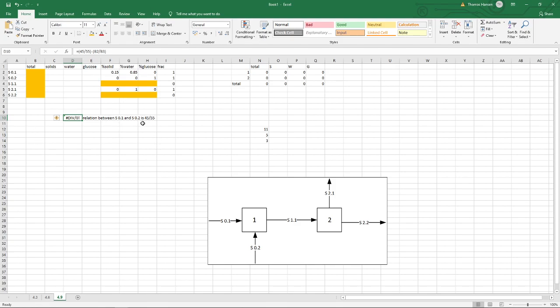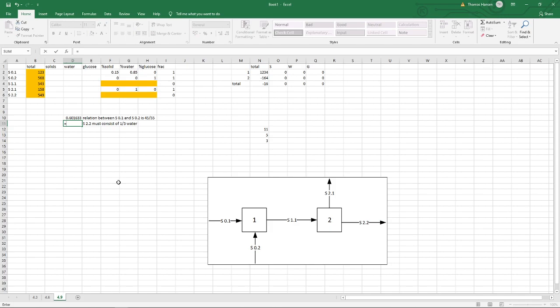If the relations are the same and I subtract them, it should give me 0 in total. So I'm just going to put in some numbers so we don't have that stupid divide by 0. And the other thing we're told is that S22 must consist of a third water.